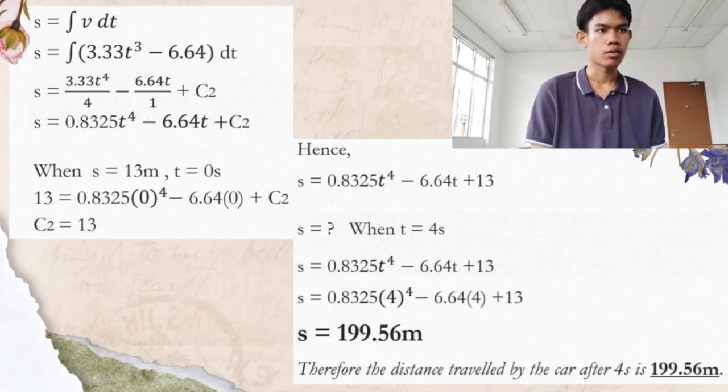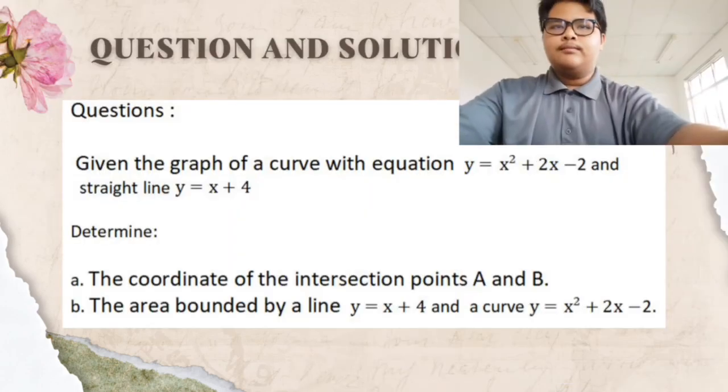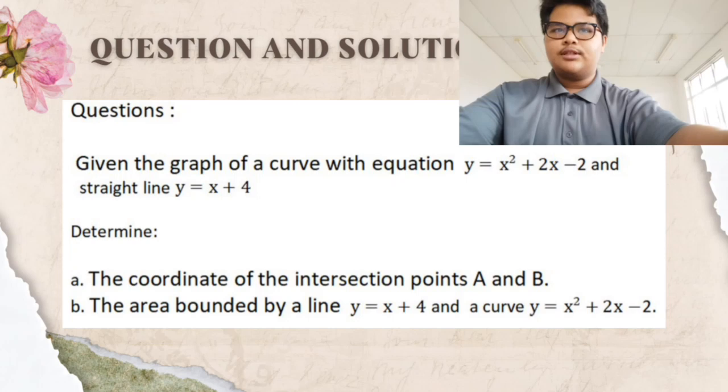Therefore, the distance traveled by the car after 4 seconds is 199.56 m. Okay, now we go to question and solution. The question is, given the graph of curve with equation y equals x to the power of 2 plus 2x minus 2 and the straight line y equals x plus 4.